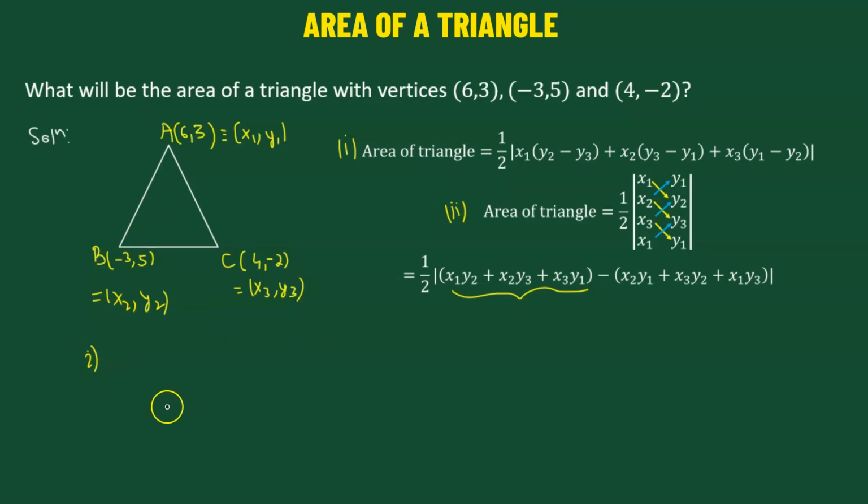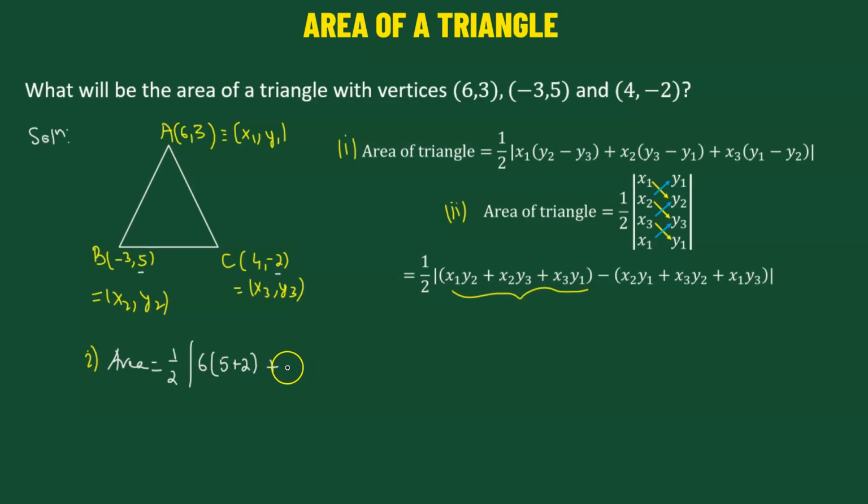So here the area will be equal to half multiplied by, so we need x1. x1 corresponds to 6. We have 6 multiplied by (y2 minus y3). y2 is 5 and y3 is -2, so we have 5 minus -2, which is 5 plus 2.